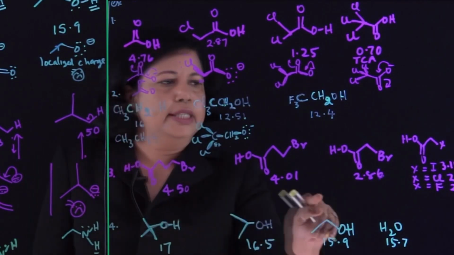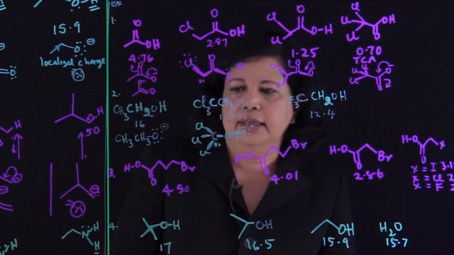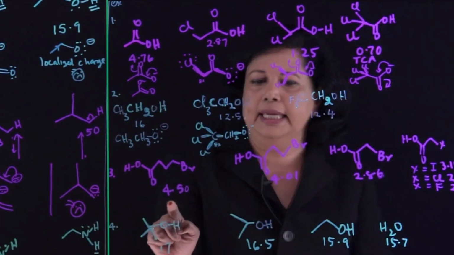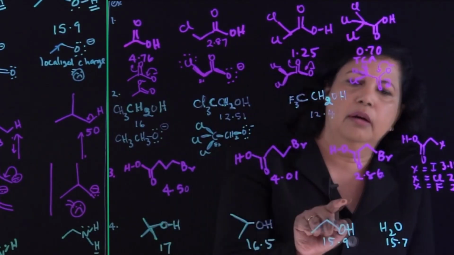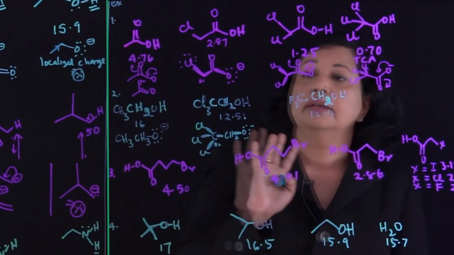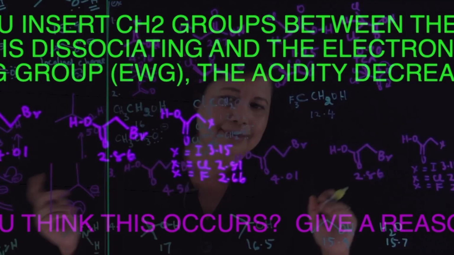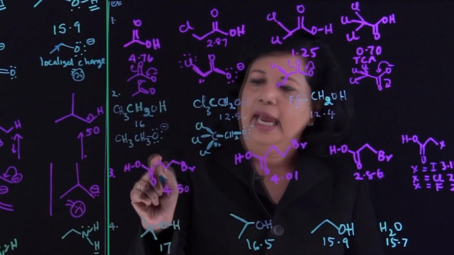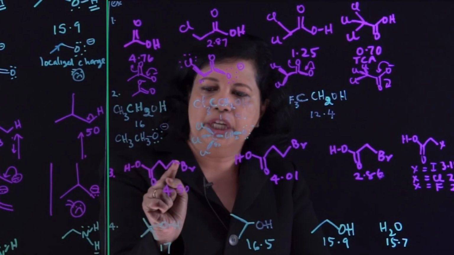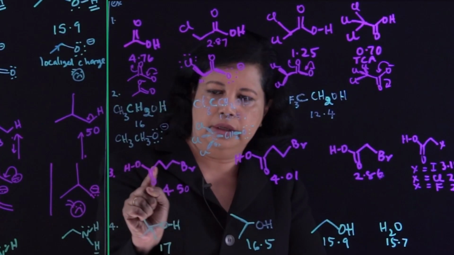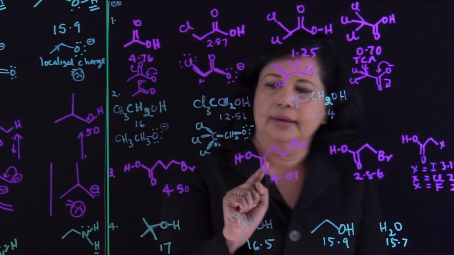Now, let's look at this series over here. They all have bromines, but your pKa is dropping along this series. What's going on? Well, here we have a 3-carbon chain between the carbonyl oxygen here and the bromine.